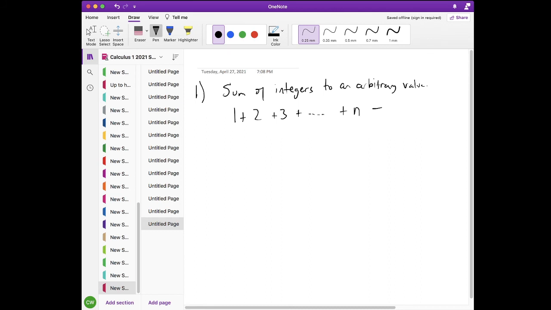What is this? This is equal to some number, right? If n is equal to 3, this would be equal to 6. If you plug in n equals 4, it would be 10. So there's actually a formula that we can figure out. What is the sum of integers? If you know sigma notation, this is solving this sum. So let's do it.